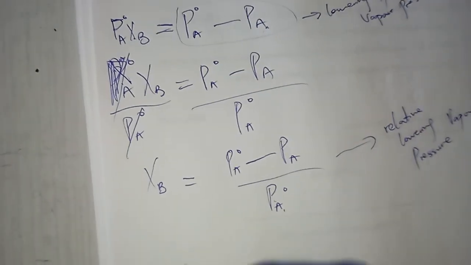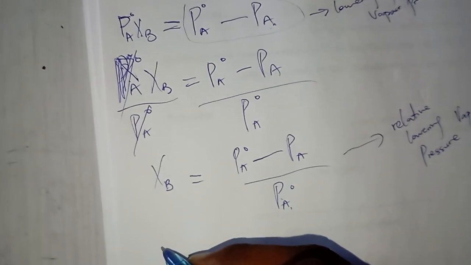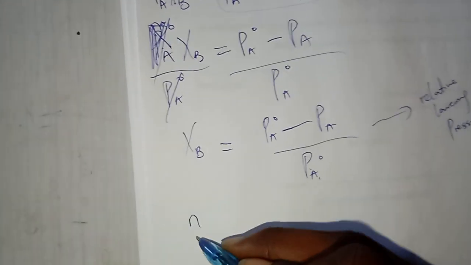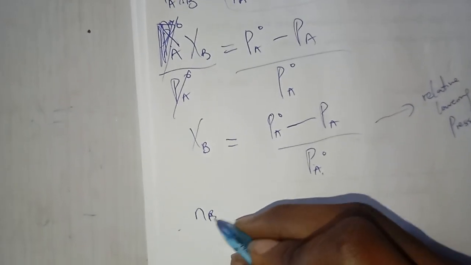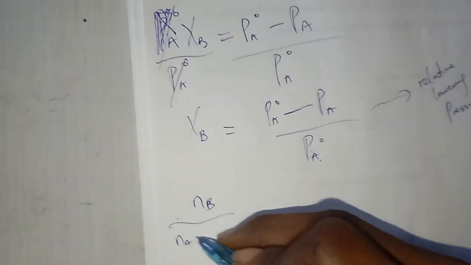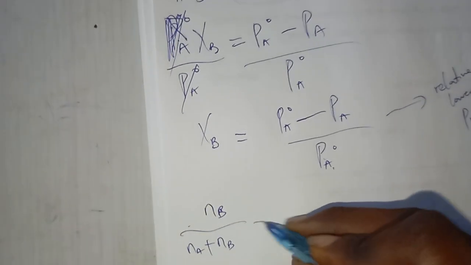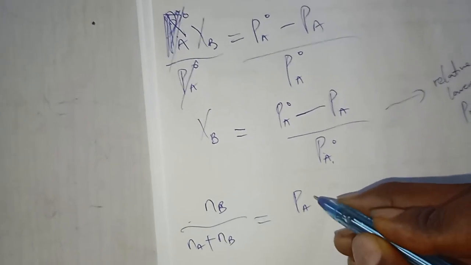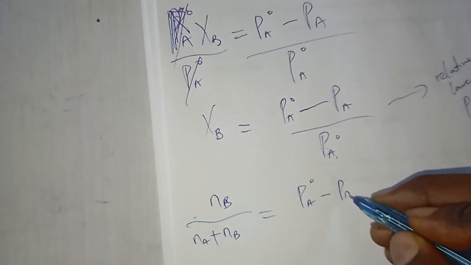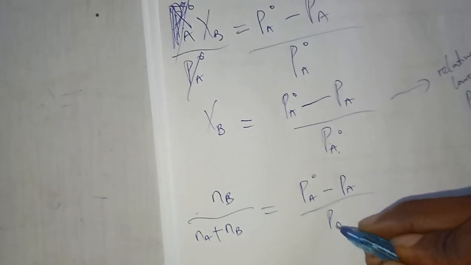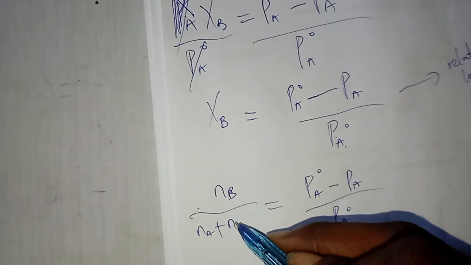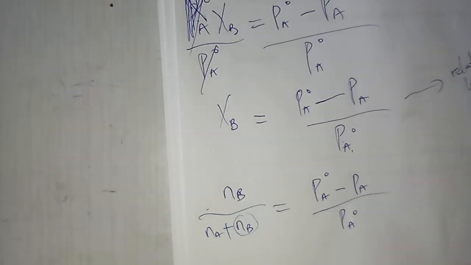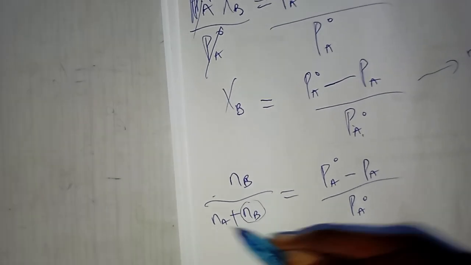So if I have this, mole fraction is the same as saying n. In this case, mole fraction of B is NB all over NA plus NB, equal to PA naught minus PA all over PA naught. Notice that this NB here, we normally say its effect is not much when added.